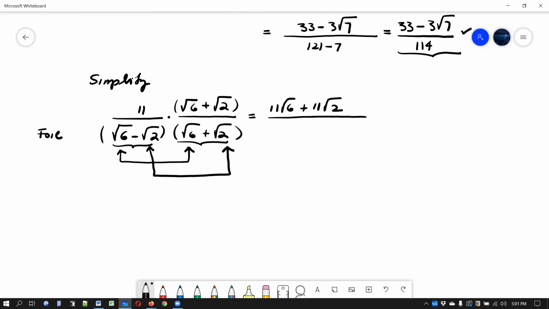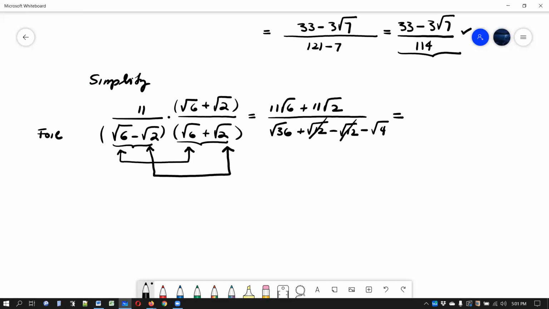I'm going to do the whole multiplication, but then I'm going to show you that it's only necessary to do the first times the first, second times the second. So first times the first is radical 36. Radical 6 times radical 2 is radical 12, minus radical 2 times radical 6, minus radical 12, minus radical 2 times radical 2, minus radical 4. And notice again that the two middle terms cancel.